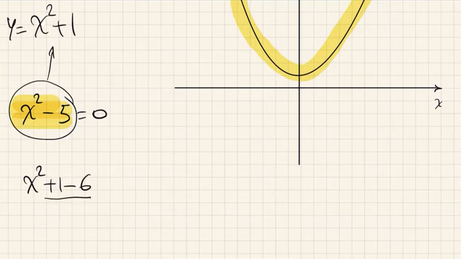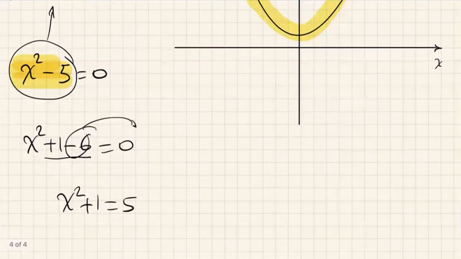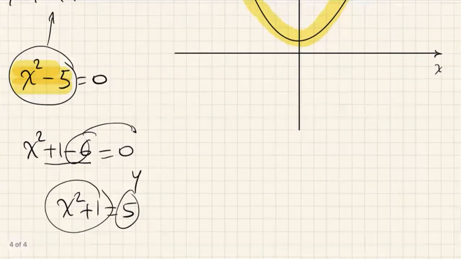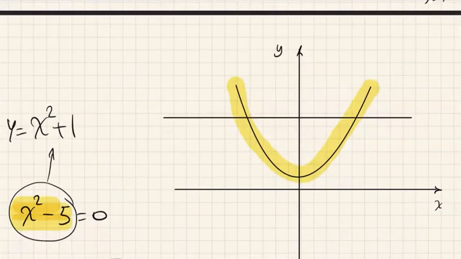This will give you minus 5. Equals 0. Then shift this negative 6 to the other side, so x squared plus 1 equals 6. So now you can solve it, because this is your graph, and you can draw y equals 6, which is here, for instance. So this is your solutions.